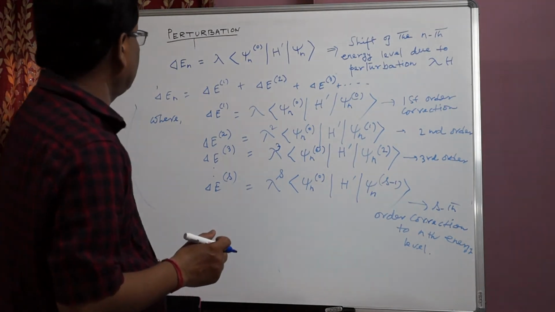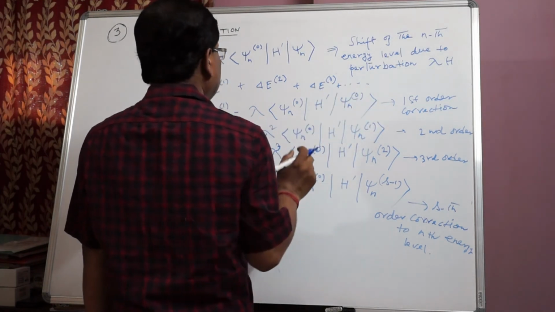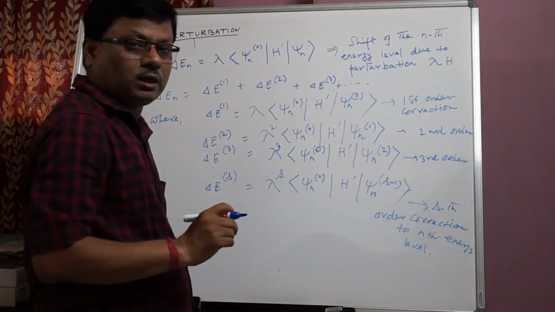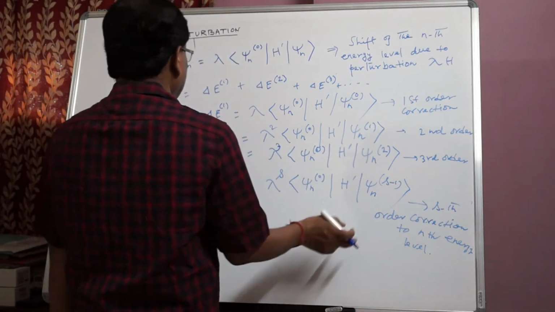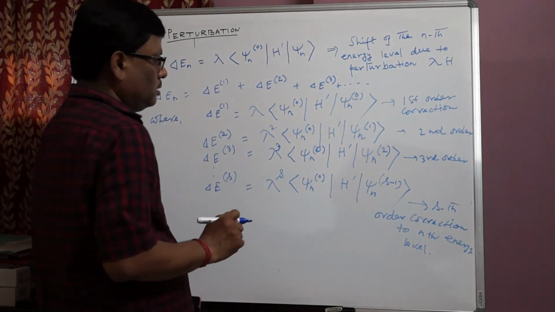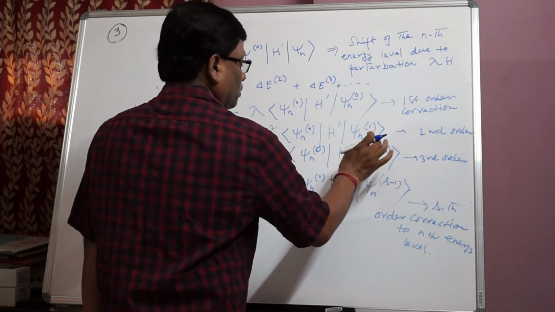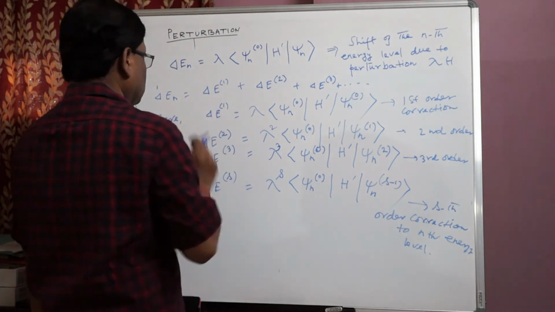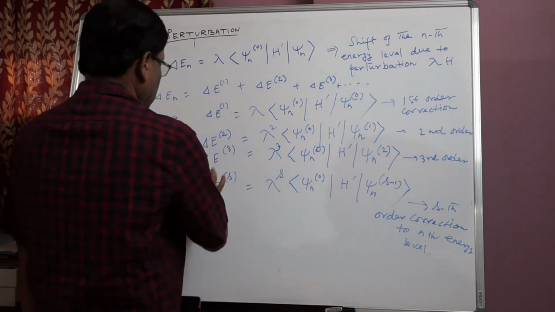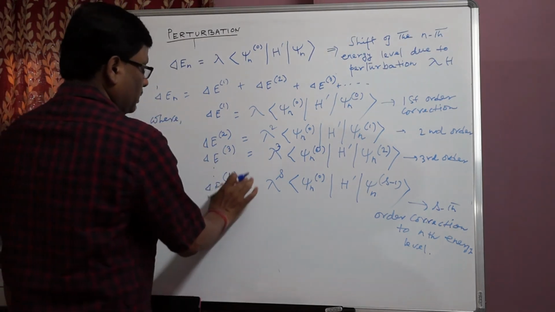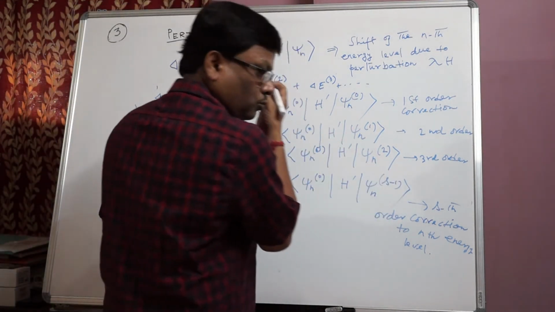So you note that if we know psi n0, then we can determine first order correction. If we know psi n1, then we can determine second order corrections. If we know psi n2, that is the second order correction to nth wave functions, then we can determine the third order energy corrections. And in the same way, to know the sth order correction to energy, we have to know s minus 1 correction to nth level.